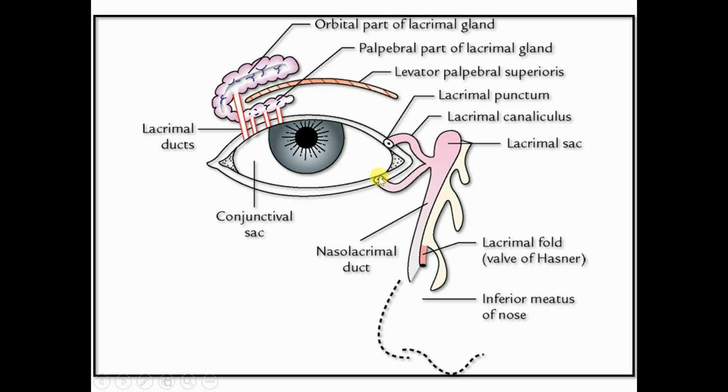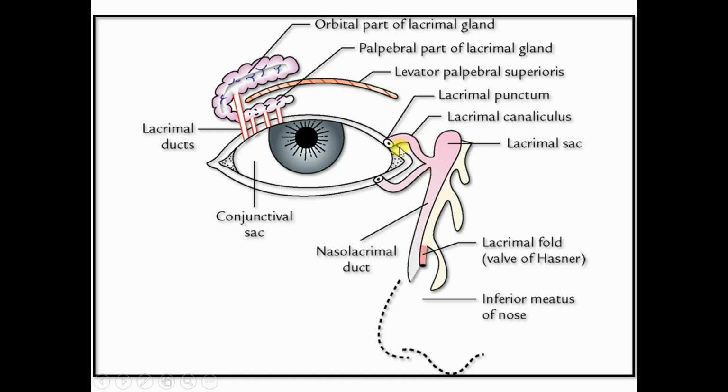From the lower eyelid, the lower canaliculus extends first downward, then passes upward and medially. Both the upper and lower canaliculi finally open, either through one aperture or through two different apertures, into the lateral wall of the lacrimal sac.